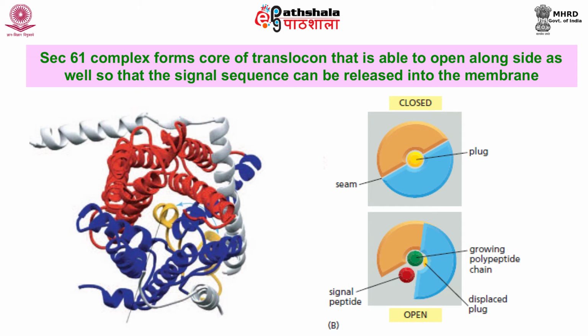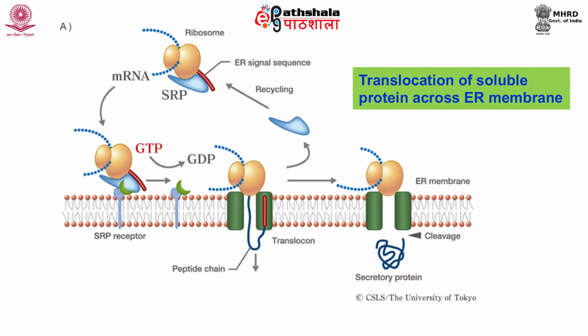This opening allows lateral access to a translocating peptide chain into the hydrophobic core of the membrane. Translocation of soluble proteins can be observed here. On binding an ER signal sequence, the translocator opens its pore, allowing the transfer of polypeptide chain across the lipid bilayer as a loop.